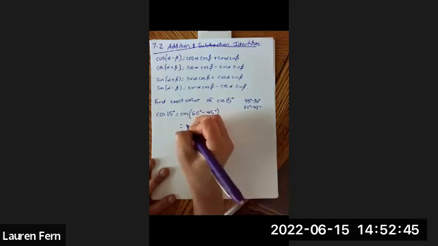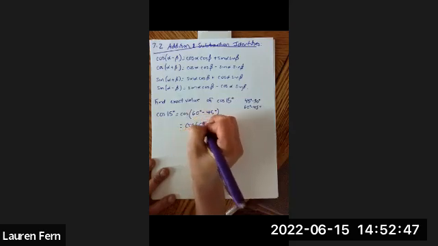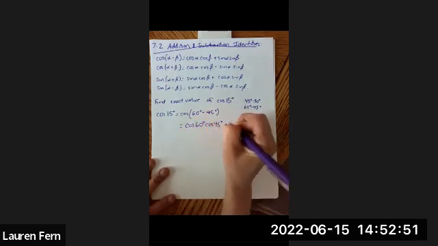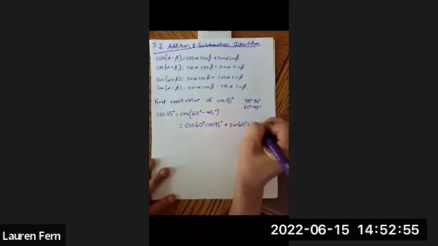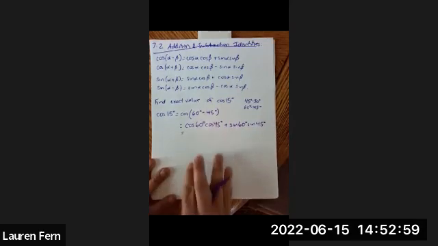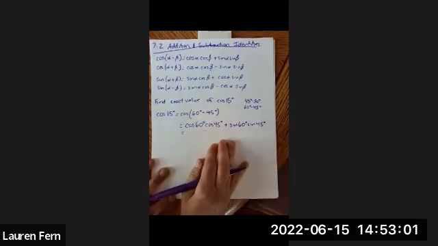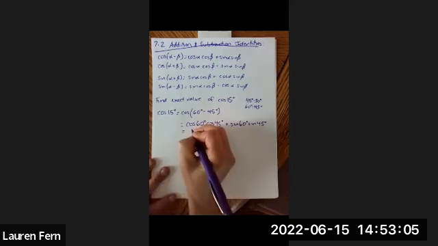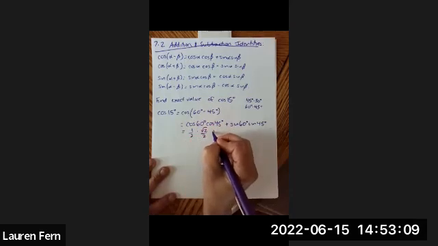I've now written this as the difference of two angles, and I can use my formula up here. I can say that's equal to the cosine of 60 degrees times the cosine of 45 degrees plus the sine of 60 degrees times the sine of 45 degrees. And this is where it really helps to know these things off the top of your head. But again, you can always look them up as needed. This is 1/2. This is root 2 over 2.